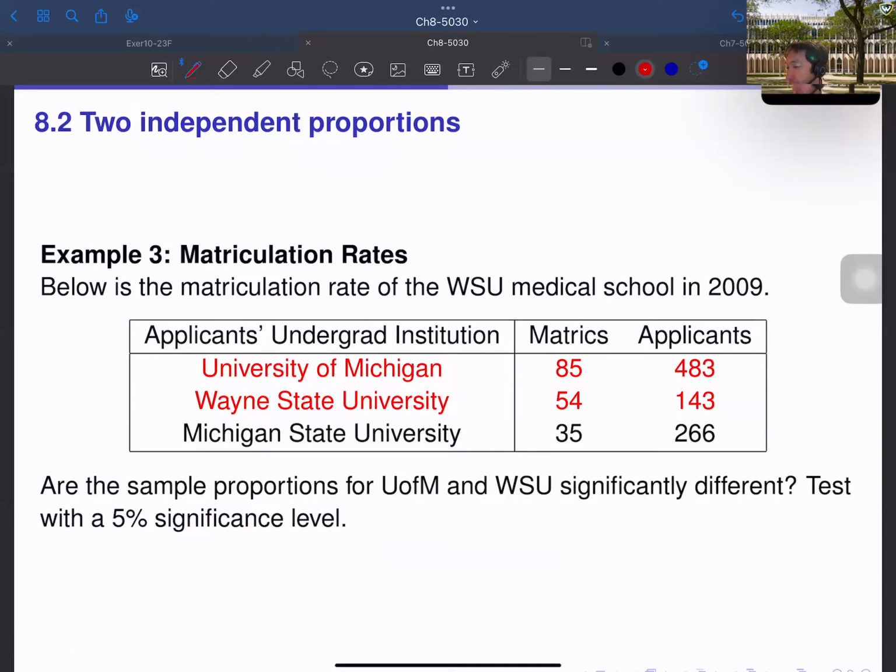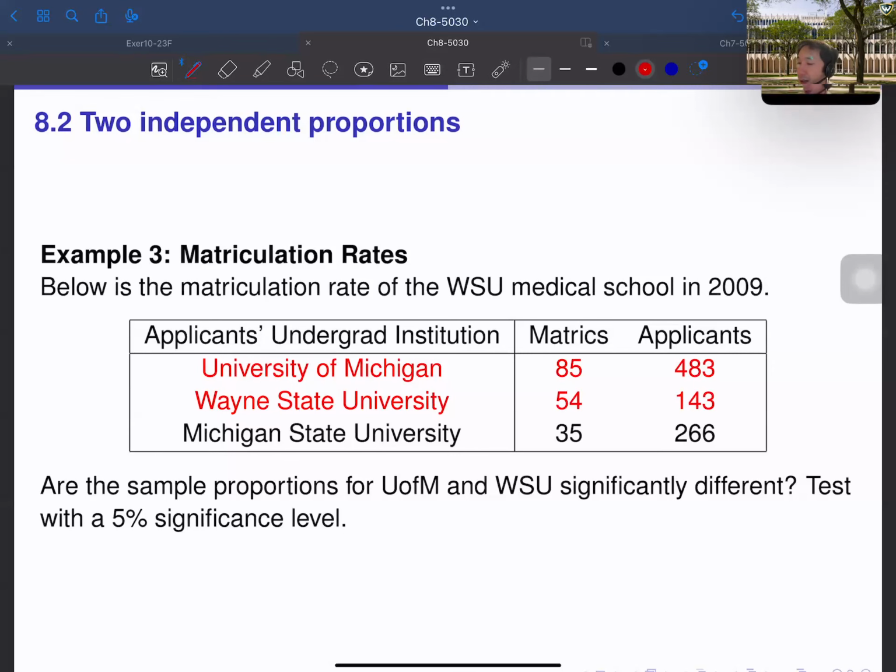U of M has 85 out of 483, Wayne State 54 out of 143, and Michigan State 35 out of 266. You can see that the proportion is highest among Wayne State University graduates, U of M is probably second, and Michigan State third.